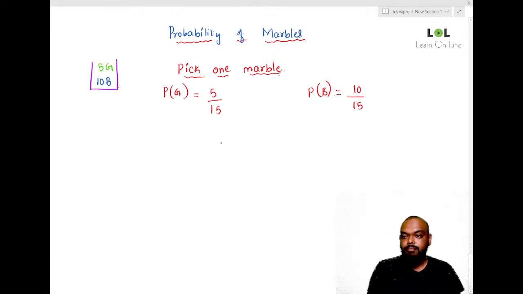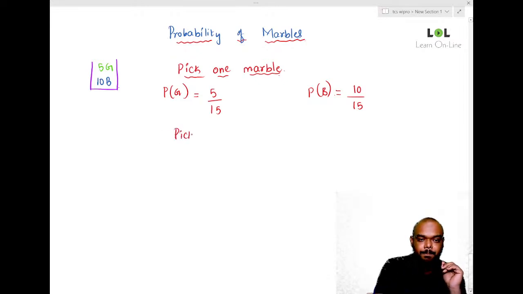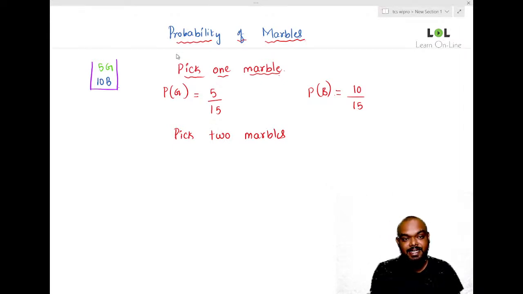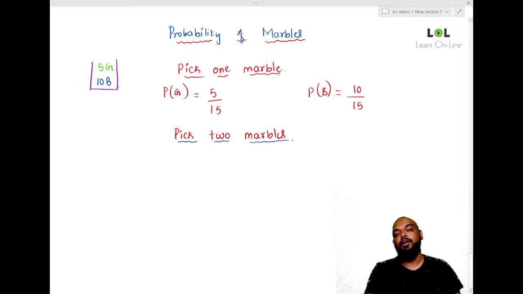Everyone? That is about picking one marble, but the actual question starts from picking 2 marbles. When we pick 2 marbles, what are the different cases we get? Firstly, there will be different cases when you are picking 2 marbles.